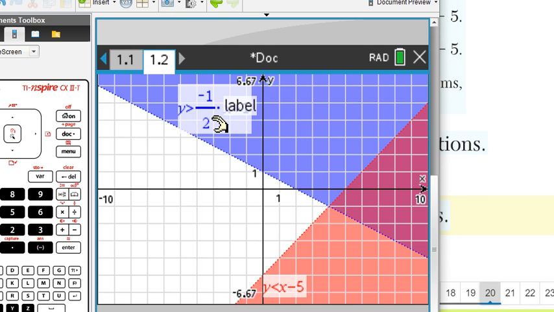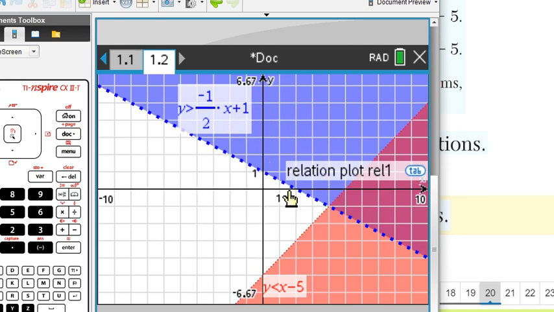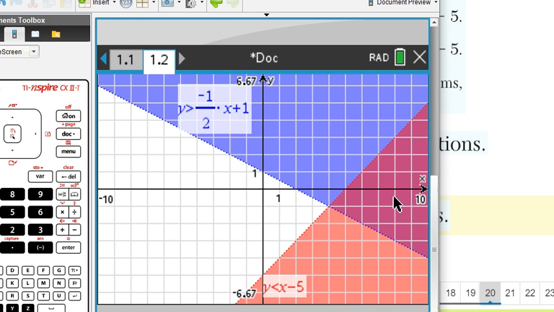Y is greater than negative 1 half x plus 1 is up here. The dotted lines are not solutions. But this magenta region over here on the side is true for both. And in this region, anywhere that my arrow is, it doesn't have to be a lattice point, is a solution.